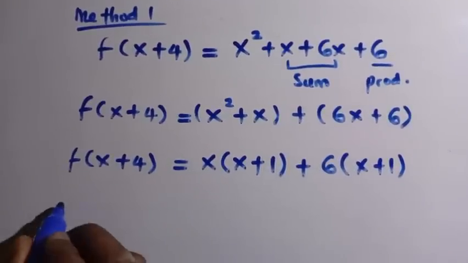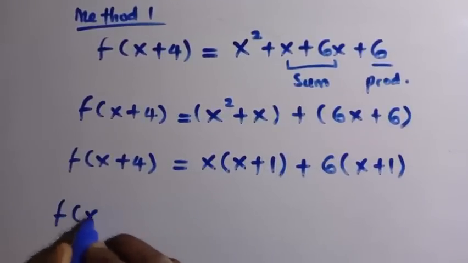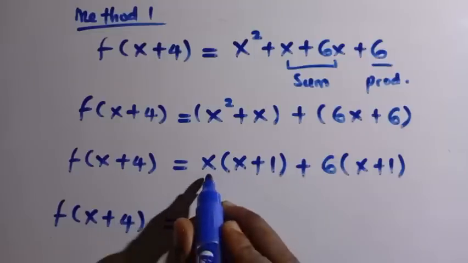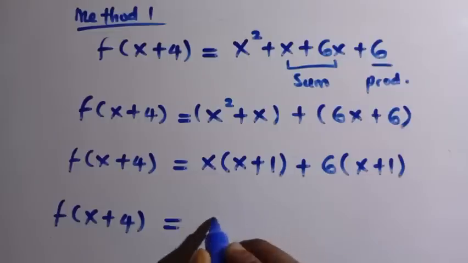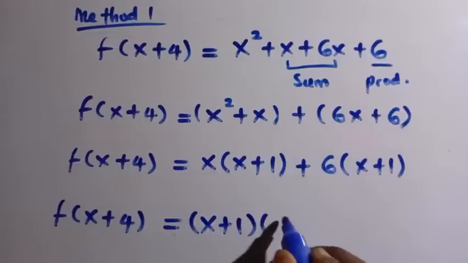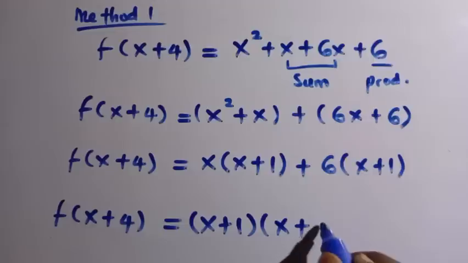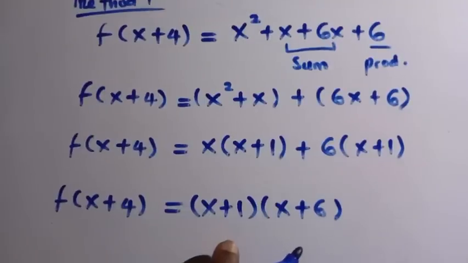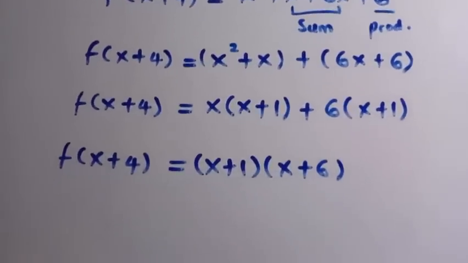Then we have f of x plus 4 equals, by combining this together, x plus 1, then we place it beside x plus 6. Here is the complete factorization of the quadratic above. We factorize it as x plus 1 and x plus 6.